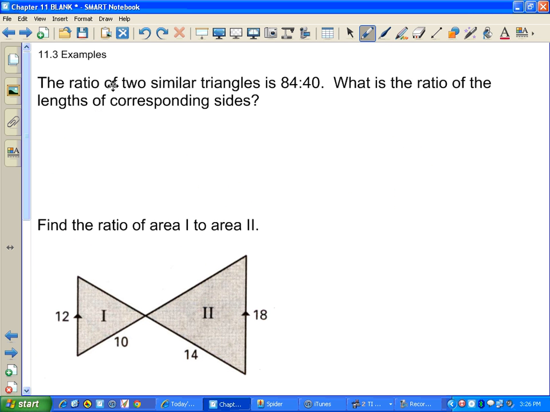So, if I know the ratio of the areas of two similar triangles is 84 to 40, what is the ratio of the lengths of the corresponding sides?